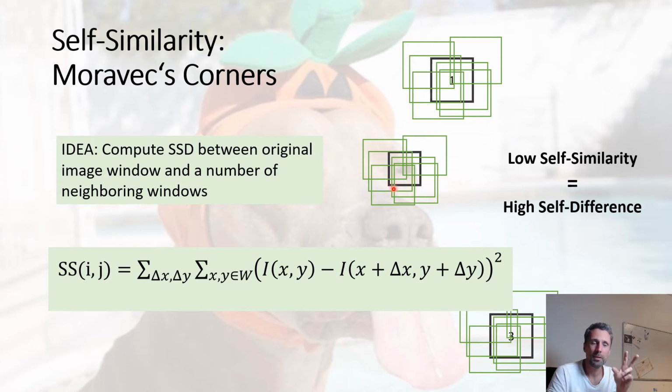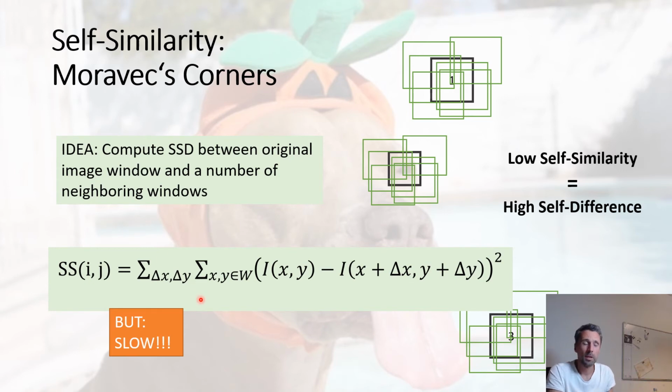So that's the whole concept here. So what we'll do is basically, implicitly, do a block matching here, and we'll identify those corners, those points in the window that stand out of their neighborhood.